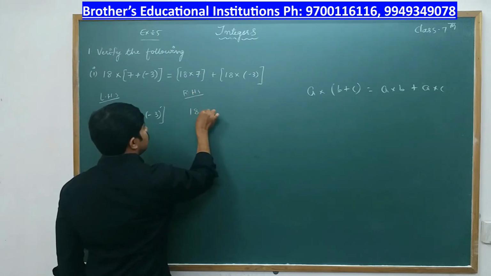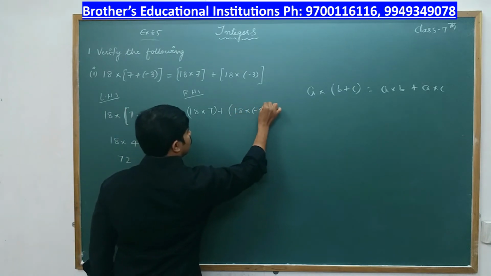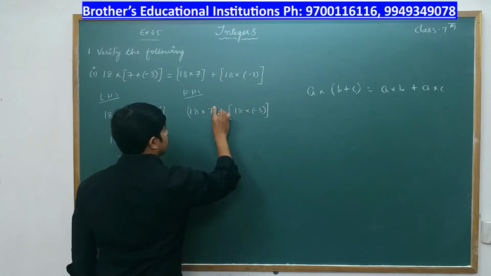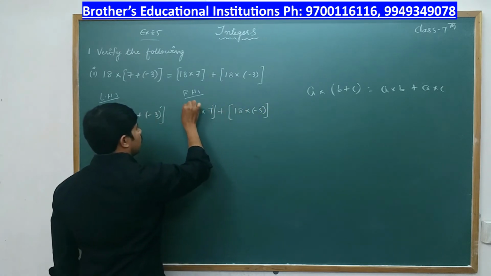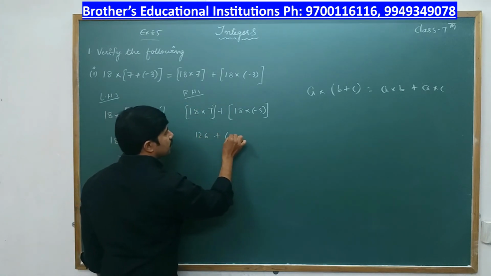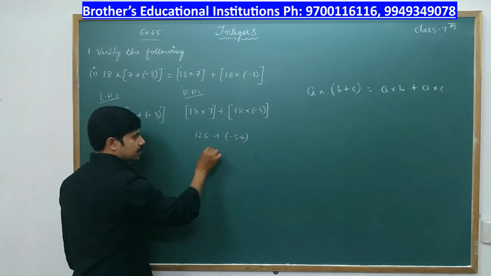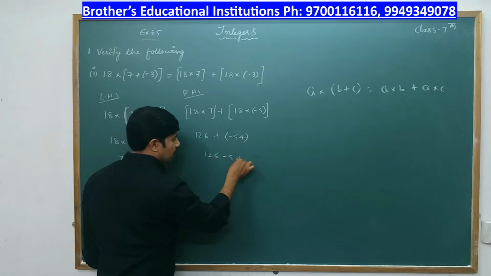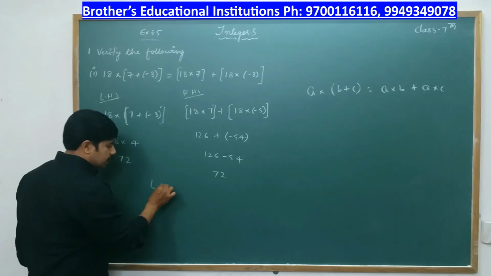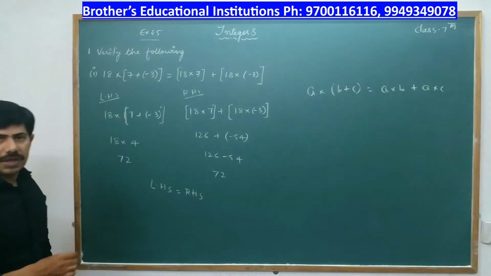So 18 into 7 plus 18 into minus 3. 18 into 7 we have to multiply, that is 126. 18 3s are 54. Plus into minus is minus. 126 minus 54 is 72. So here we clearly got LHS is equal to RHS. Therefore, the given problem is verified.